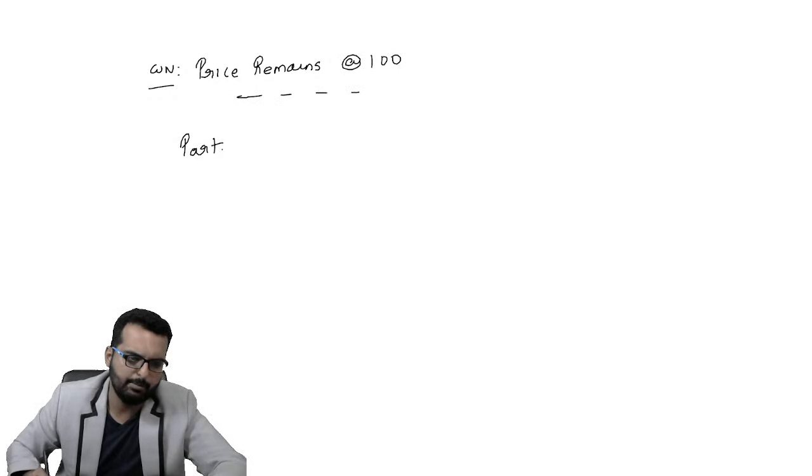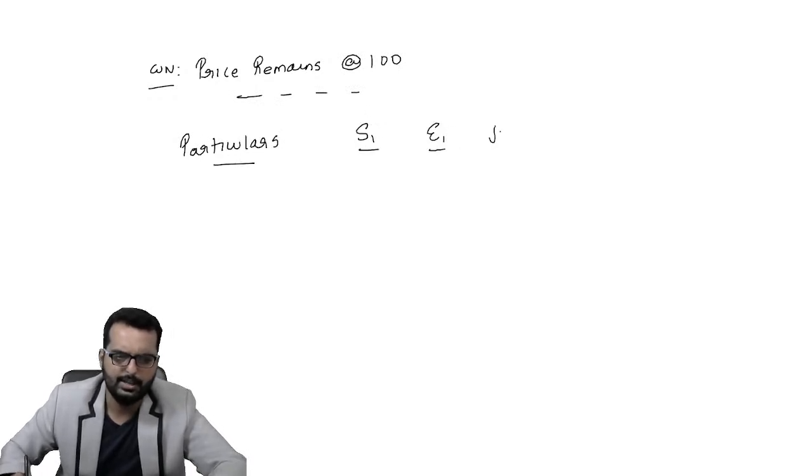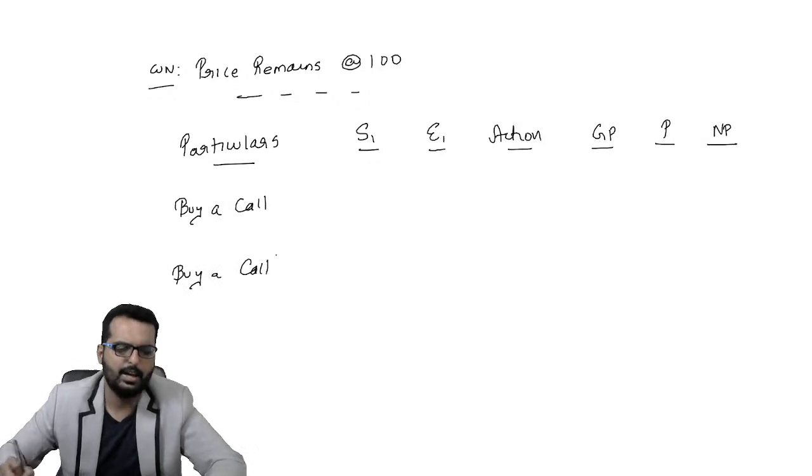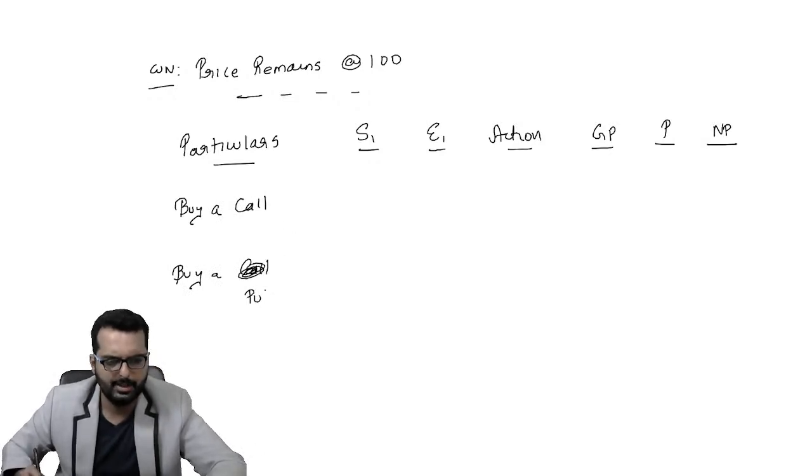Friends, we can draw a table which we have learned in class also. S1, E1, you have action, GP, premium, net profit. There are two things we are doing over here. One is buy a call and the other one is buy a put. It is actually a straddle. Am I right? Buy a call and buy a put is a straddle.